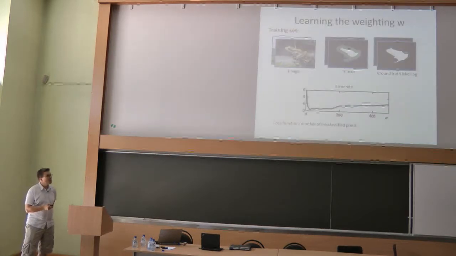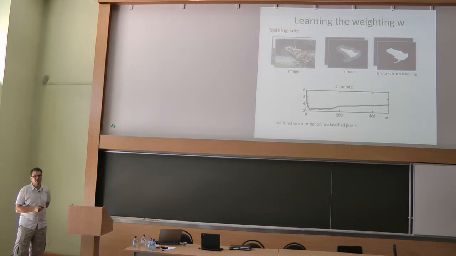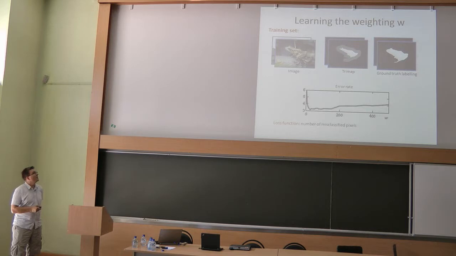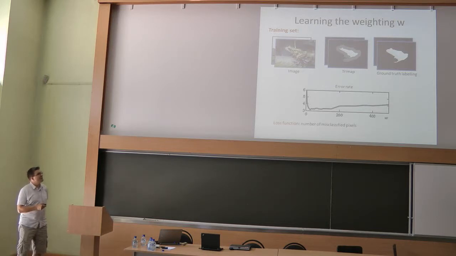Okay. So one trivial way, and I will come to much more sophisticated ones in a second, to choose this W is to say, well, I've got some training data, which I've got here: images and trimaps, and the trimaps say inside is definitely foreground, outside is definitely background, the gray area I have to get some segmentation, and there might be some ground truth labeling with it.